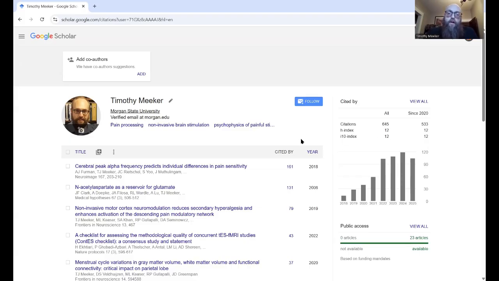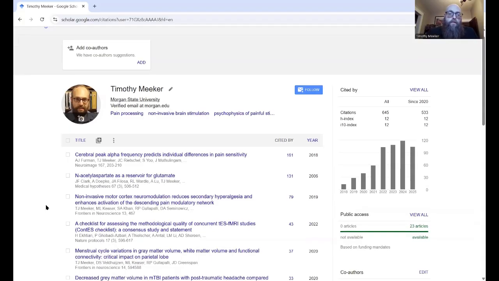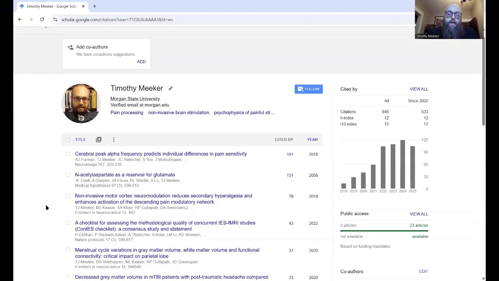The default view for a Google Scholar profile is that it will show you the papers in order of citations.